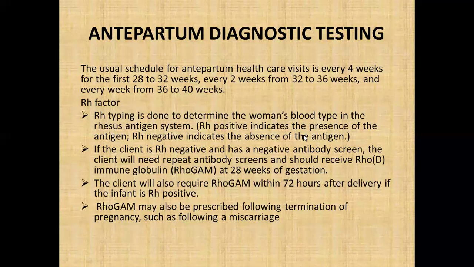And then maybe along the line, she gets involved in an accident and we suspect blood mixing. You have to give another ROGAM. Yeah. So ROGAM is given for every pregnancy.